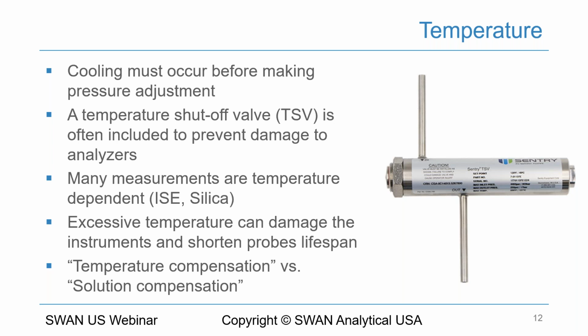At lower temperature, the exact opposite happens. The ions slow their movement, and the analyzers can underreport what is actually in the solution. So temperature correction or compensation with solution compensation is critical to the accuracy of the measurement.